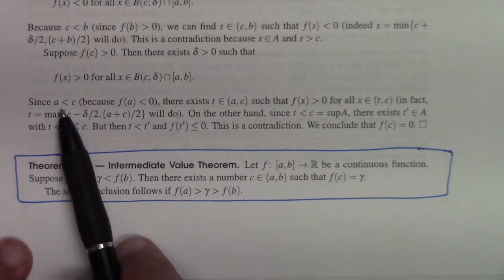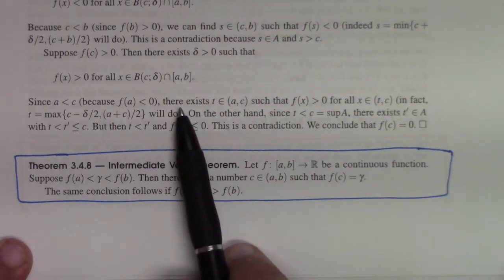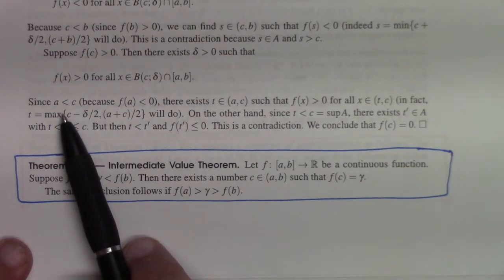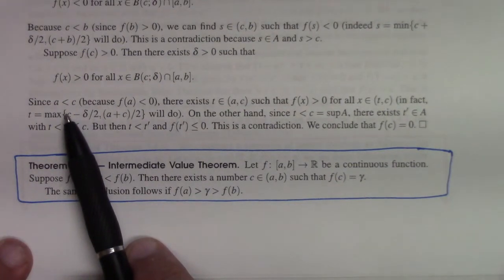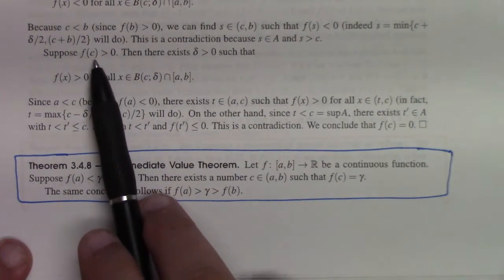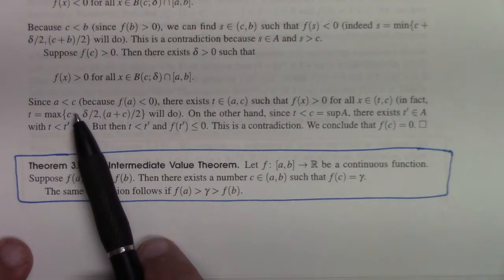So that means that a has to be less than, I don't see why a couldn't be equal to c. f of c is positive. Oh, it's because f of c is positive. So, okay.